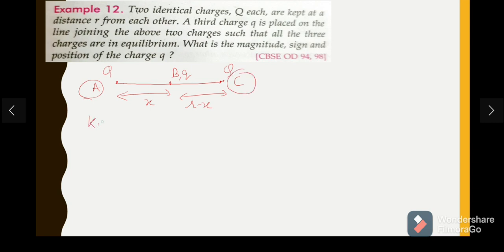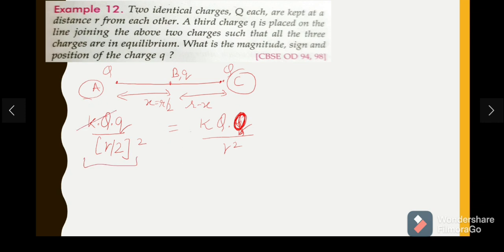It is KQq divided by R by 2 whole square. We have already calculated x as R by 2. This should be balanced by KQQ divided by R square. Sorry, this time it would be capital Q, not small q. This is the force of repulsion between charges kept at A and C. This is the force of attraction between charges kept at A and B.